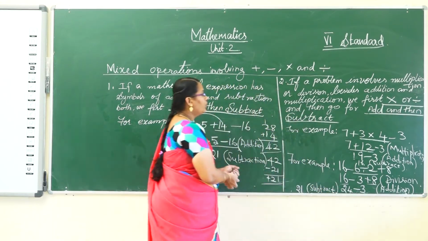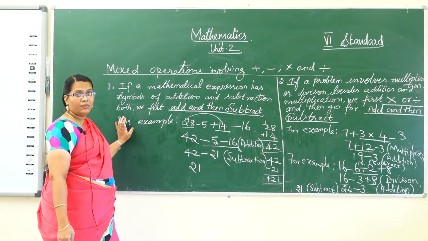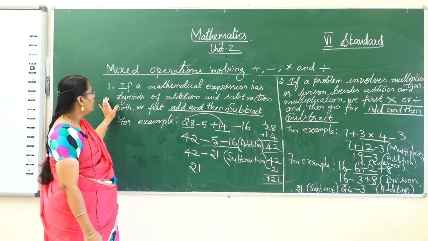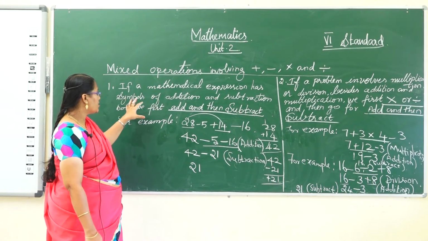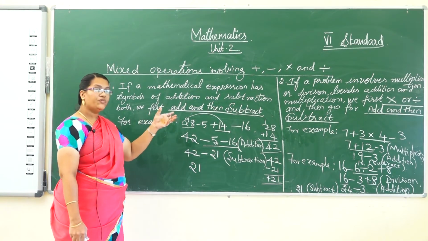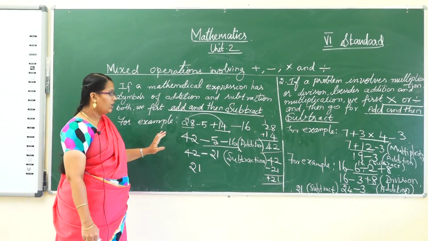You have followed the mixed operations involving addition, subtraction, multiplication and division. First, if the mathematical expression has only addition and subtraction symbols, first preference to addition and then go for subtraction.